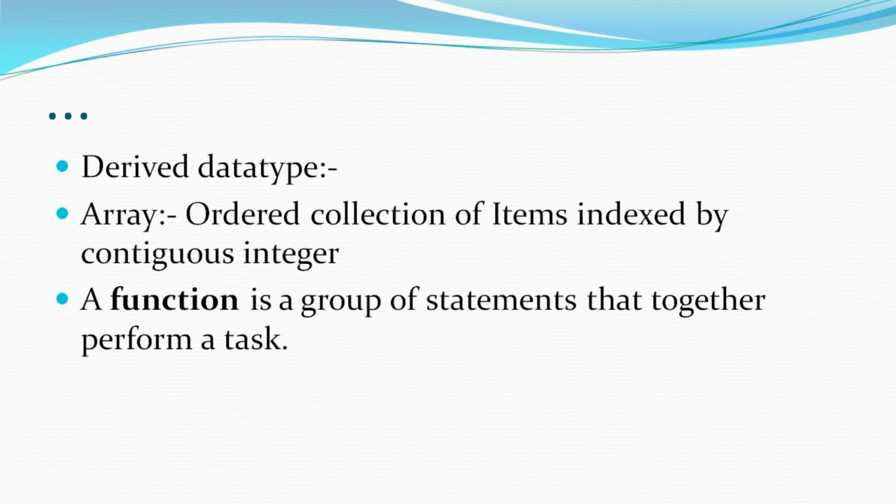In the get data function there were 2 statements. The first statement was a cout, a message displayed to the user that he needs to input a value, and the second statement was to get an input from the user. So the function get data was in fact a group of statements that all together perform a task.